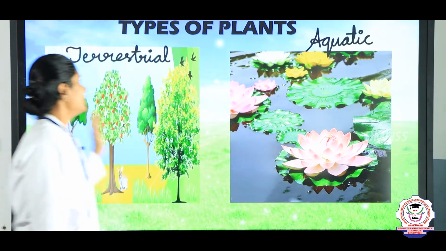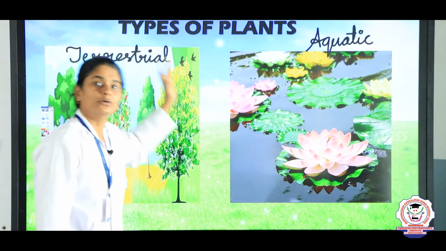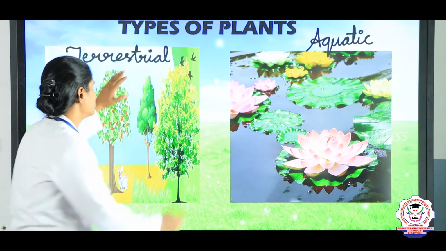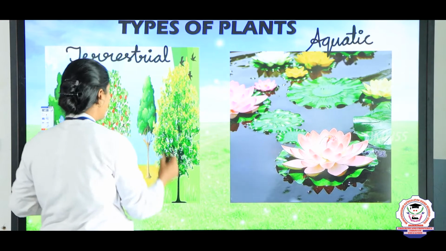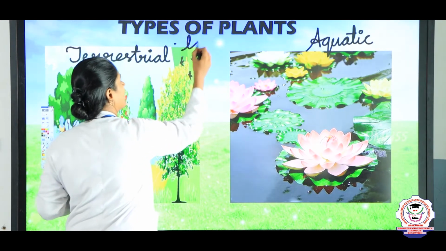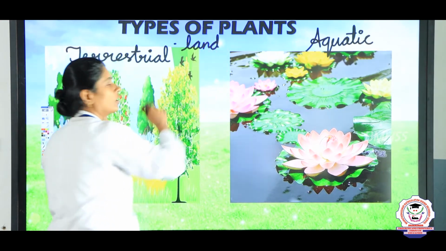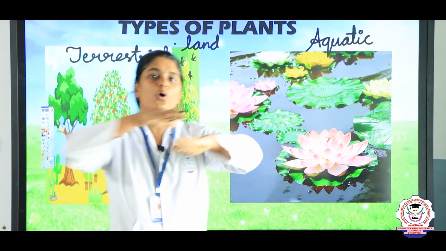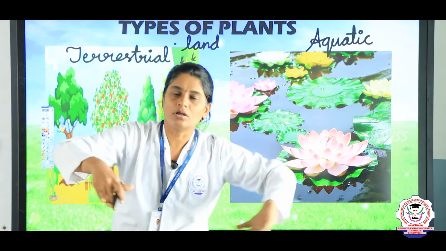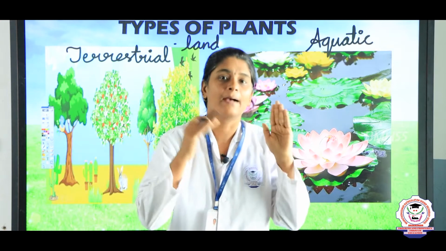The plants that grow on land are known as terrestrial plants.